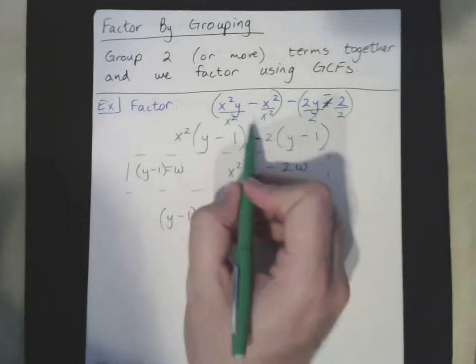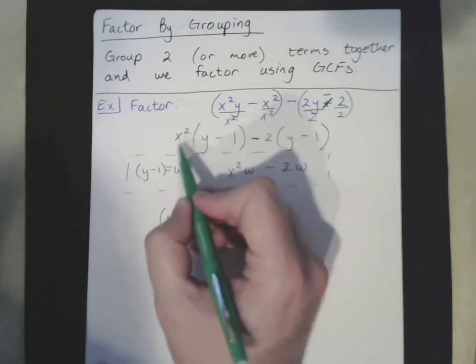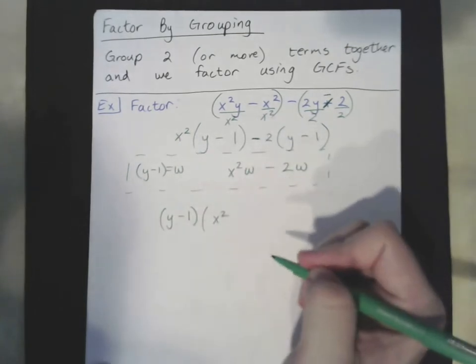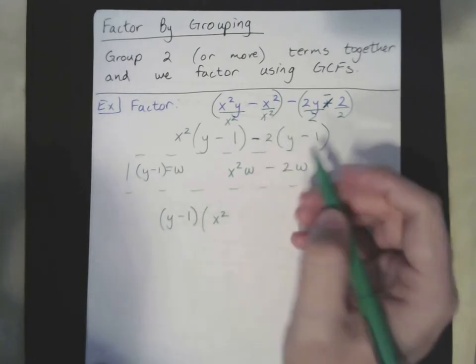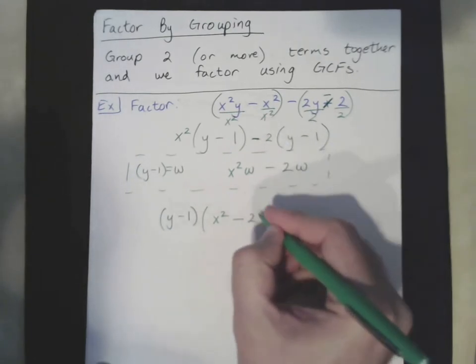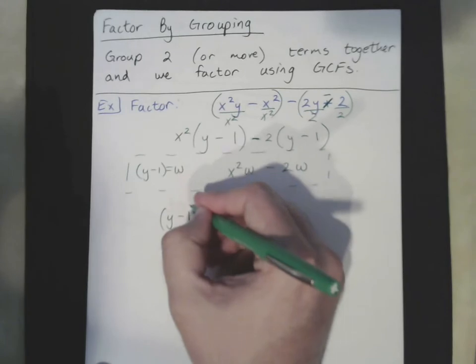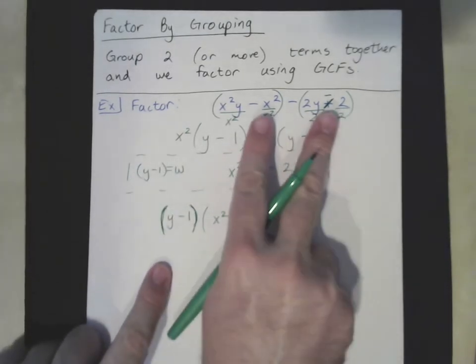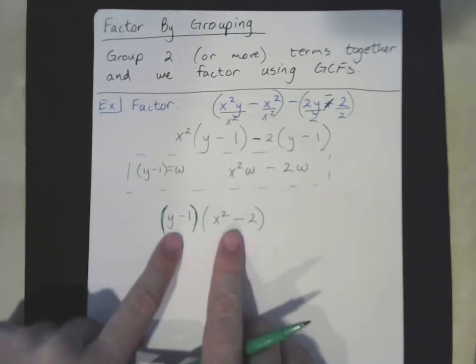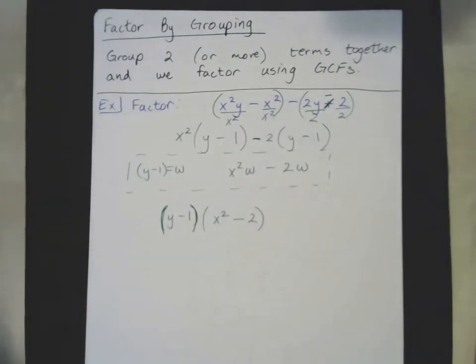And when we divide this term by y minus 1, all that's left is an x squared. And when we divide this term by y minus 1, all that's left is this 2. And so now we've factored the blue thing that we started with into this nice compact form.